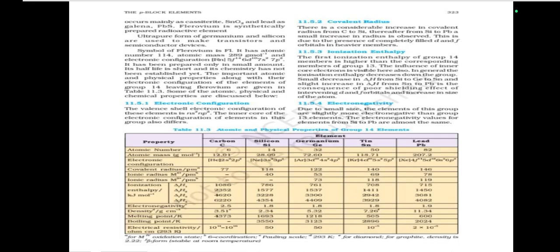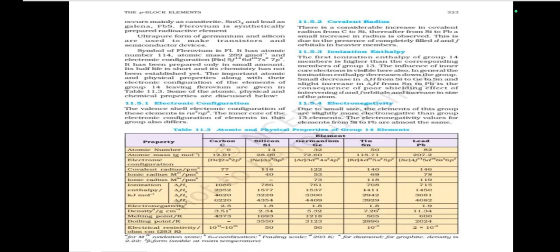Ionization enthalpy: the first ionization enthalpy of group 14 members is higher than the corresponding members of group 13. The influence of inner core electrons is visible here also. In general, the ionization enthalpy decreases down the group.